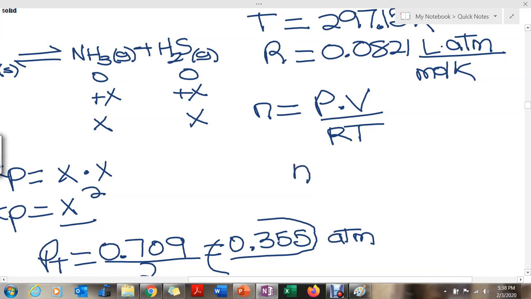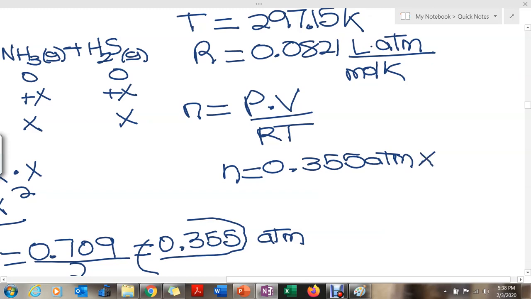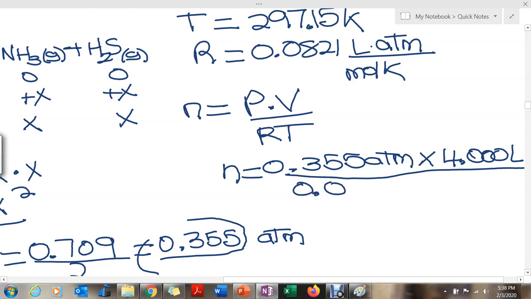So you got n equals, what is the pressure? 0.355 atmosphere multiplied by 4.0 liters divided by R, 0.0821 liter atmosphere per mole Kelvin.